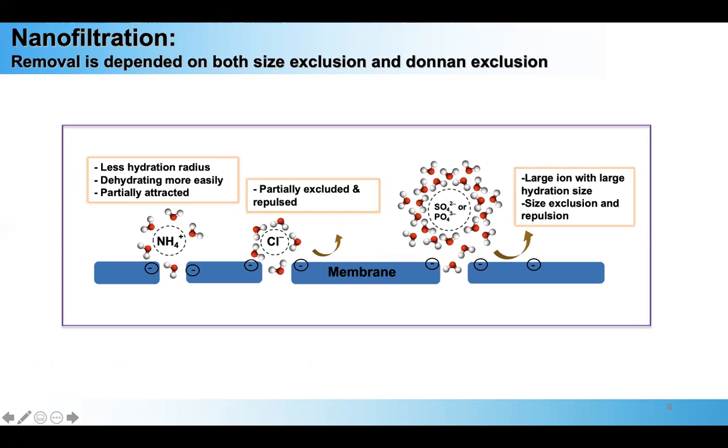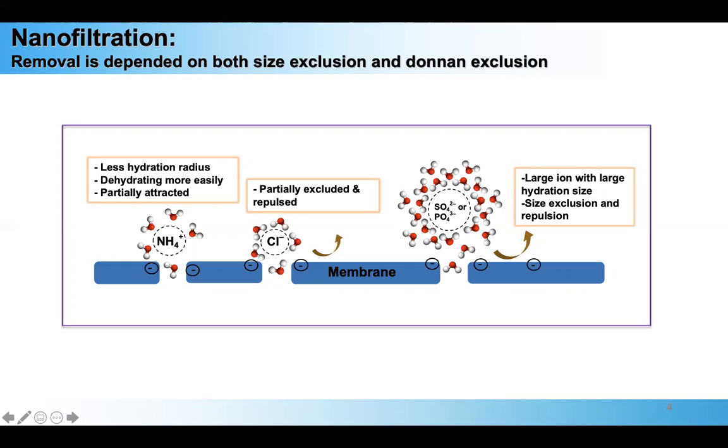So I will go through the concept of nanofiltration very briefly. The removal is dependent on both size exclusion and Donnan exclusion. Donnan exclusion is repulsion by charge. If the surface of the membrane is charged, it will repel the ions with the same charge.